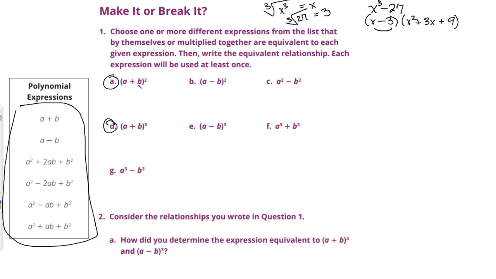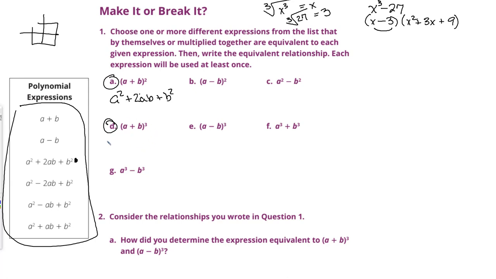Well, for (a plus b) squared, if I use a box, I would come up with a squared plus 2ab plus b squared. And that is the expression used for that one.